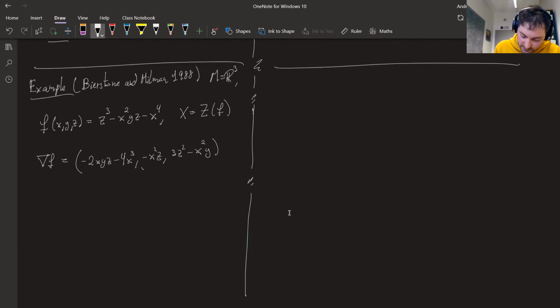And from this, we know that the gradient is 0 if, well, first of all, xz is equal to 0.